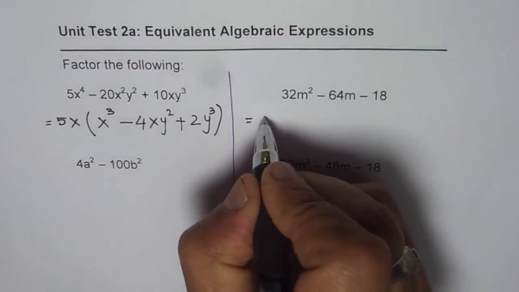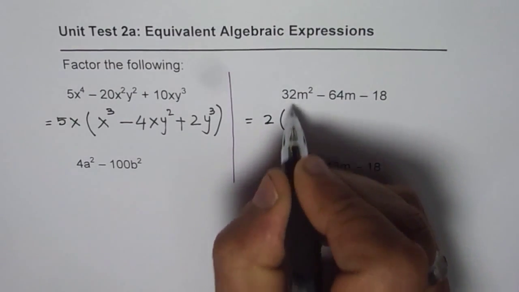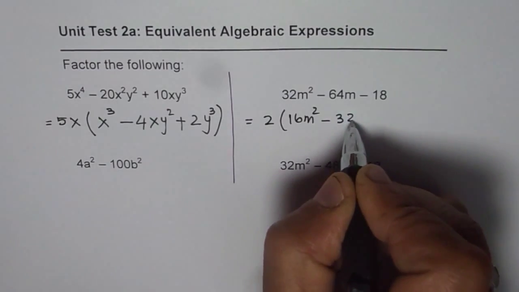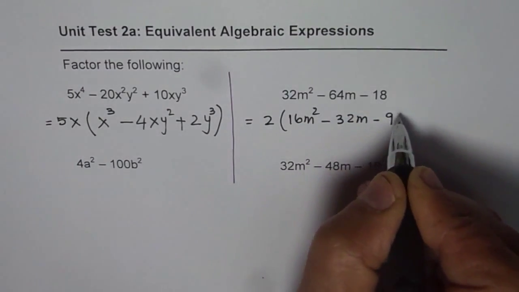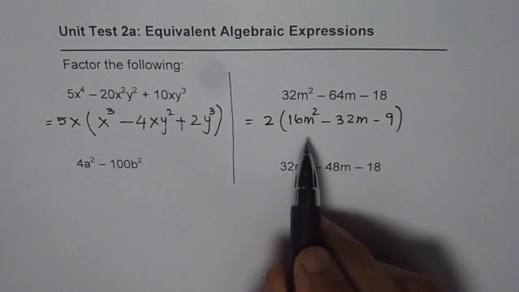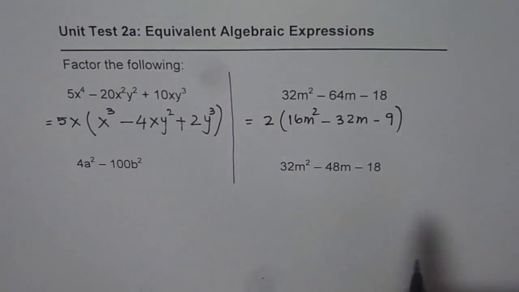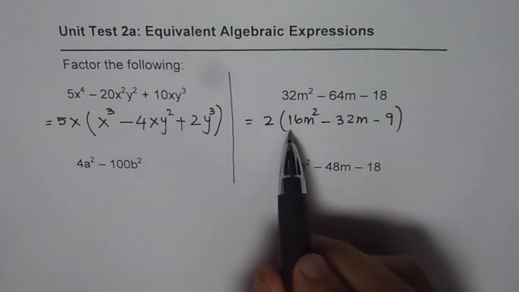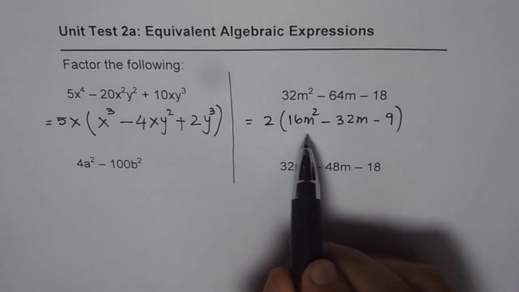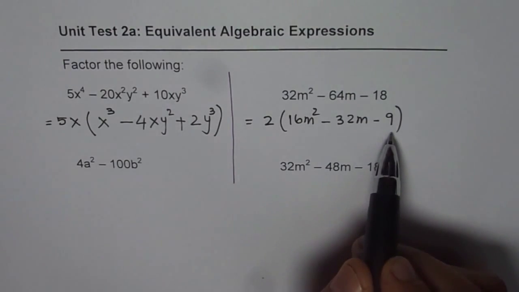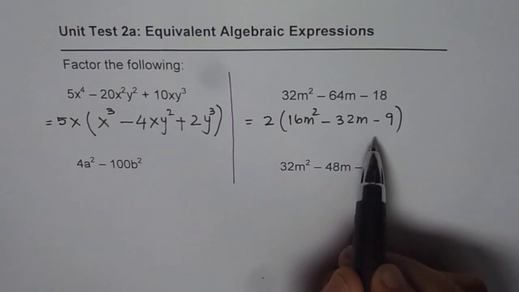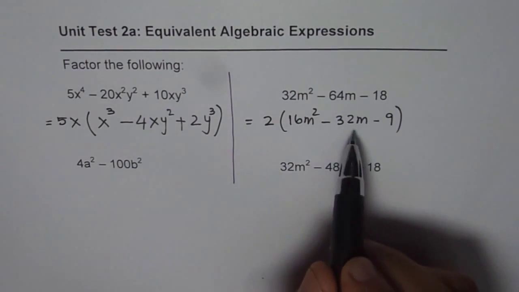So we can write this as 2 within bracket we get 16m square minus 32m minus 9. And let's explore whether we can factor this further or not. Well, 9 seems to be a 3 square and 16 is 4 square. Center term, is it 2 times 3 and 4? 3 times 4 is 12 and 2 times 12 is 24, not 32. So it cannot be further factored. So that is how we have to leave it.